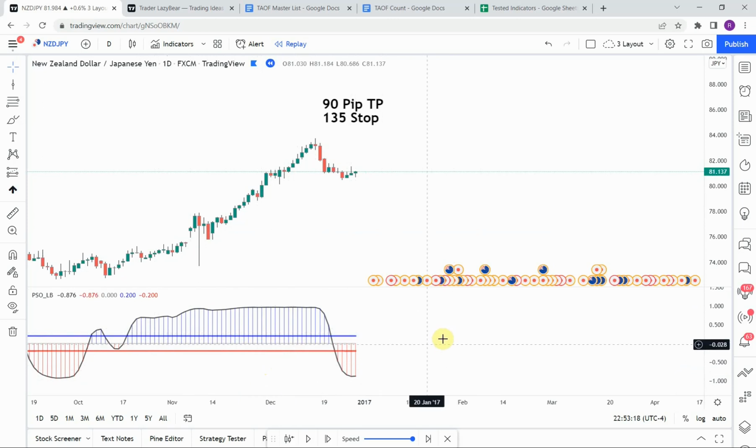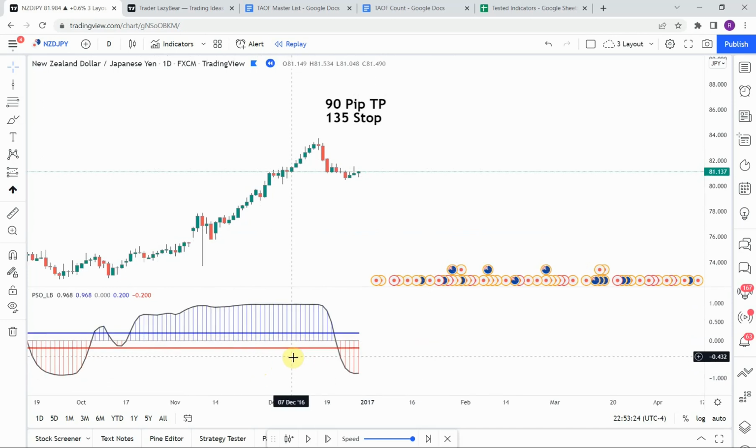Now generally speaking, historically, zero line cross indicators have been super problematic, and that is because they leave little to no room for fast corrections in the market.